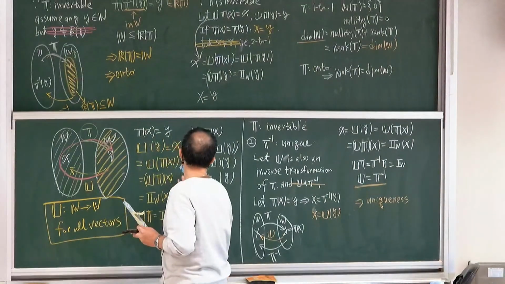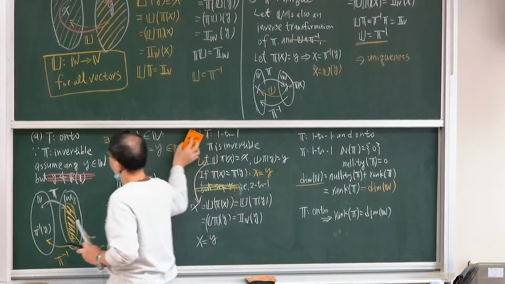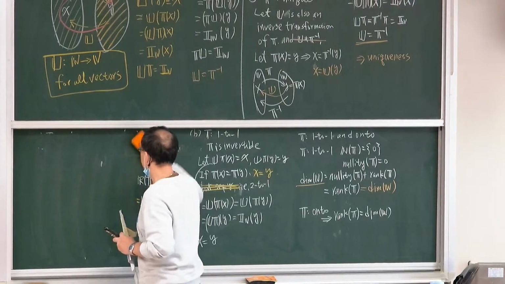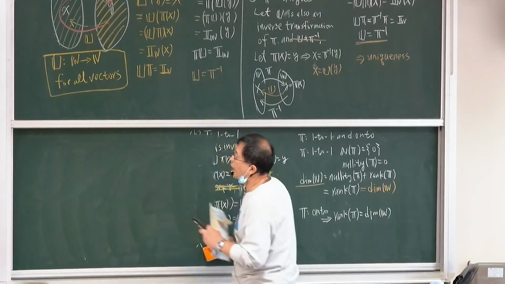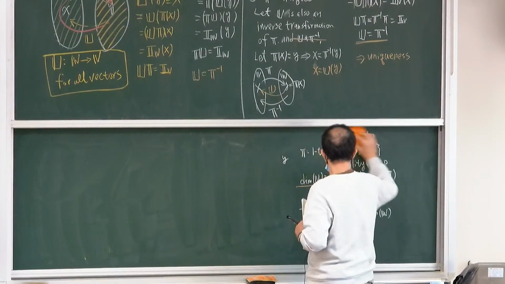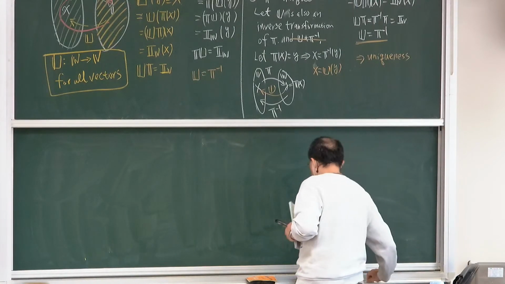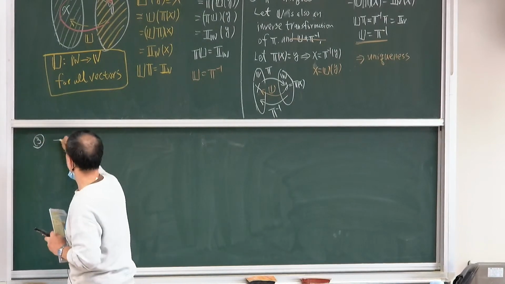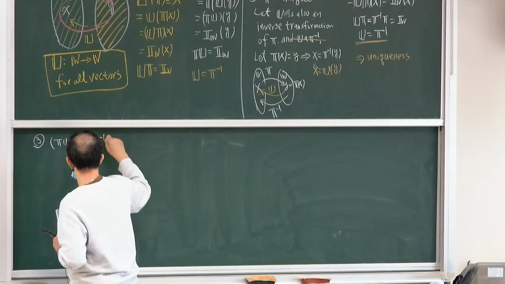Okay, now the third fact we want to prove is that (TU) inverse equals U inverse T inverse.